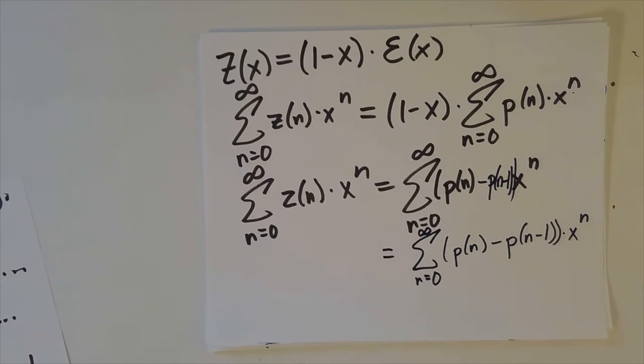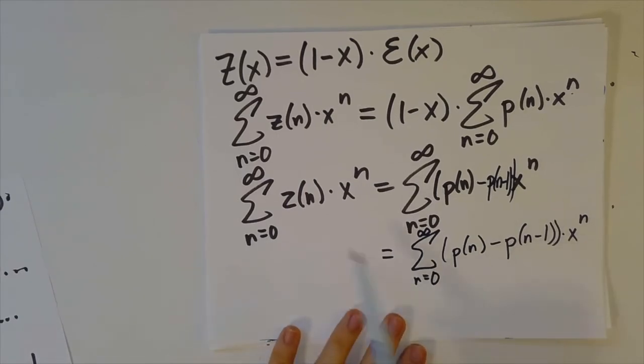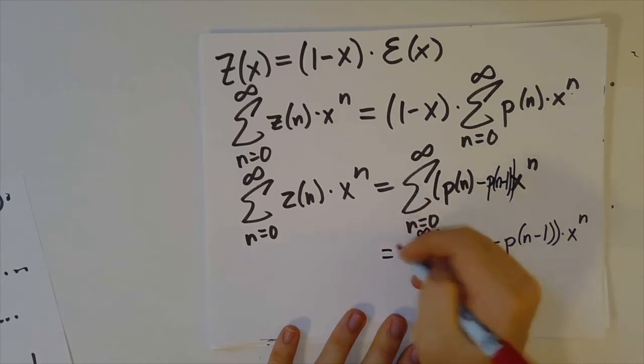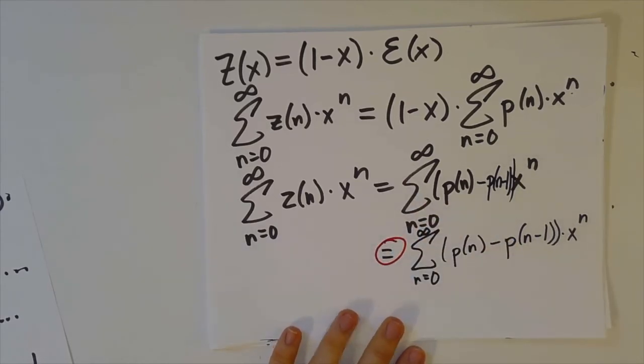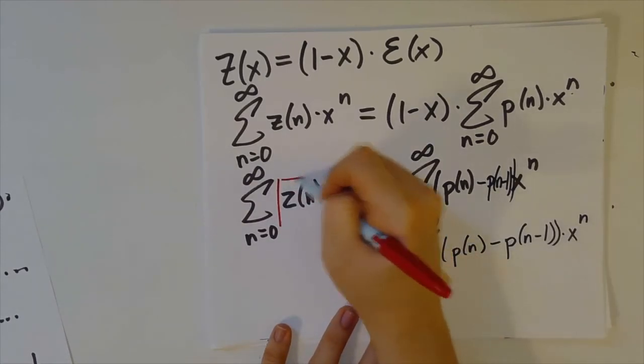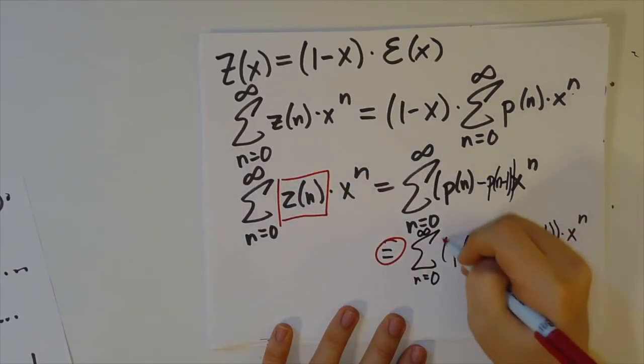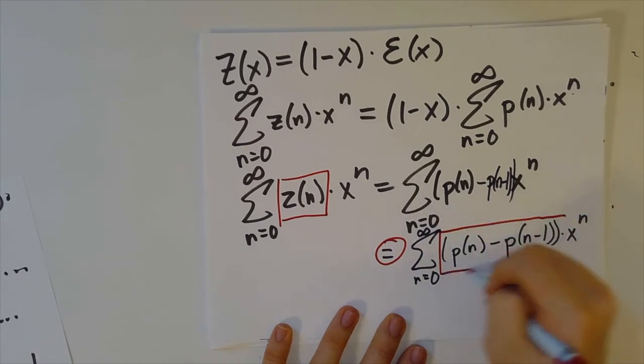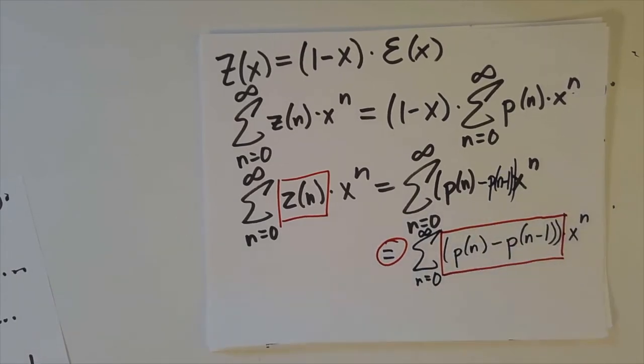Okay. But these two things, these two power series now, are equal. And so that means their coefficients in front of x to the n are equal. So this is equal to this.